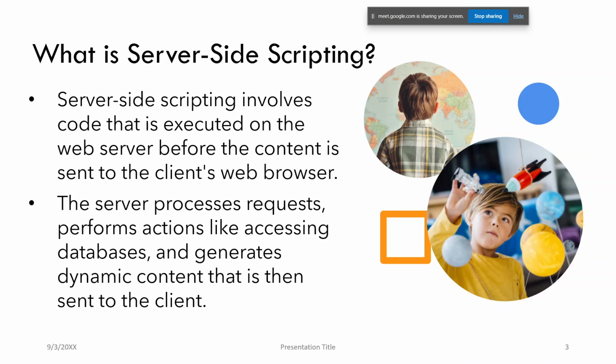Both of us are working on a single application called Gmail, but our contents are different from each other. Your inbox is different, my inbox is different, your sent mails may be different from mine. Whatever content is given to each user separately is called dynamic content. That is server side script.